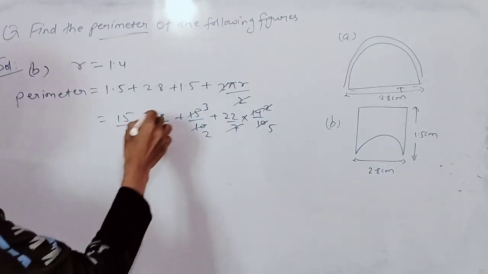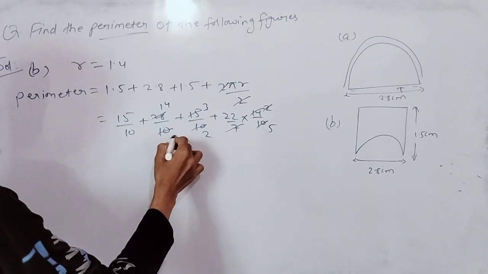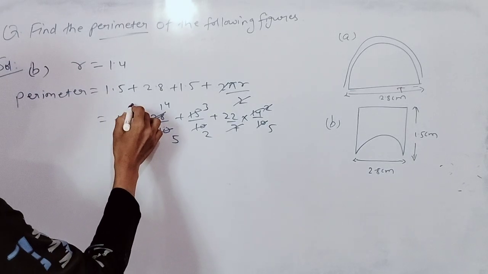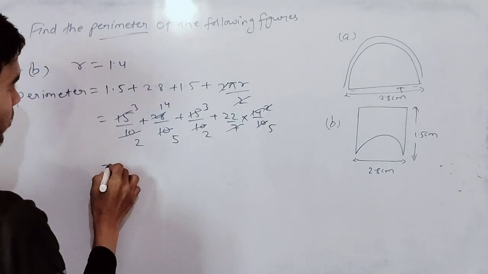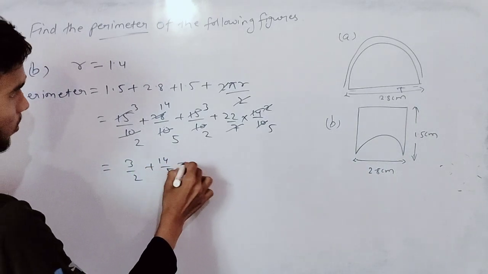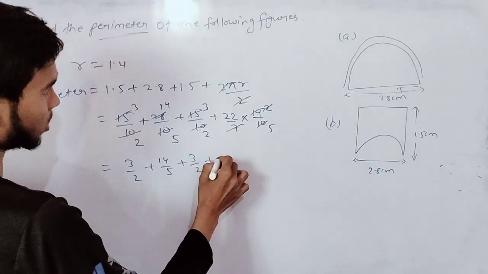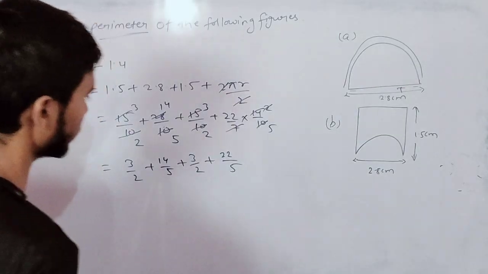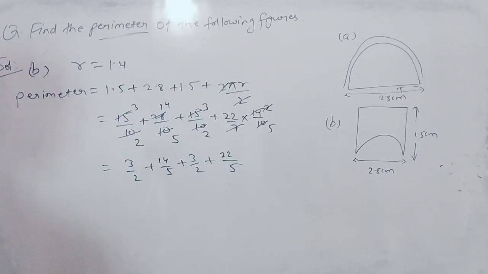Now here 3 upon 2 plus 14 upon 5 plus 3 upon 2 plus 22 upon 5, we have this much.